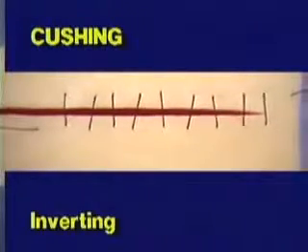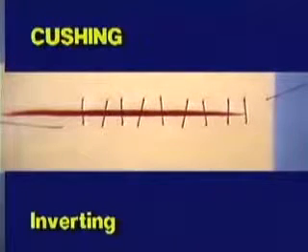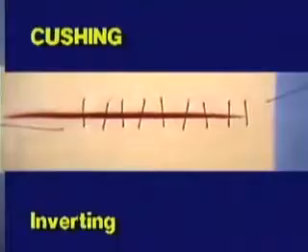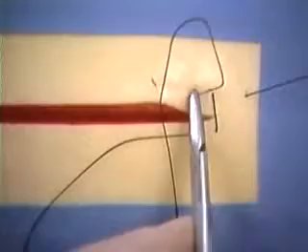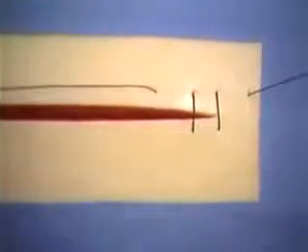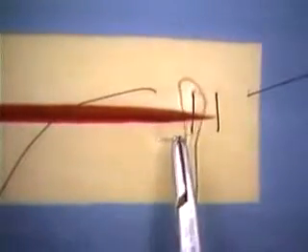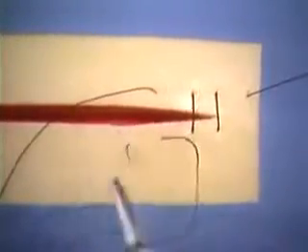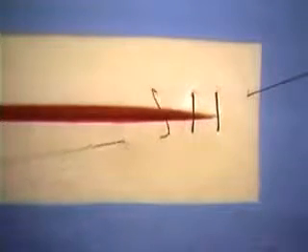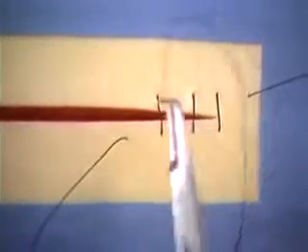The seventh pattern to be demonstrated is the Cushing suture pattern. This is an inverting suture. The Cushing suture is begun with a single Lambert suture. From the suture's point of exit, the needle is then advanced parallel to the incision and introduced into the serosa, passing through the muscularis only for 5 millimeters and exiting the serosa on the same side of the incision.